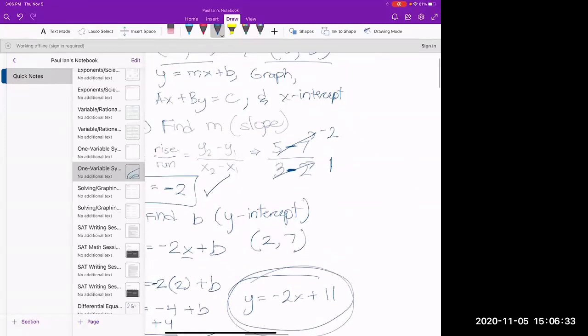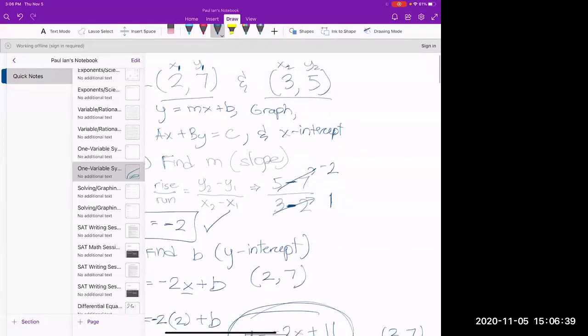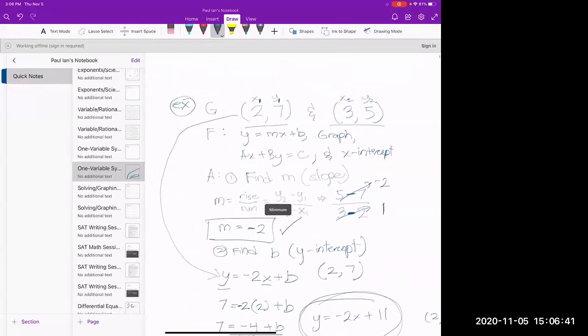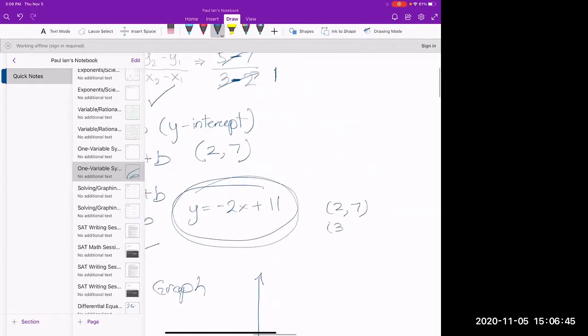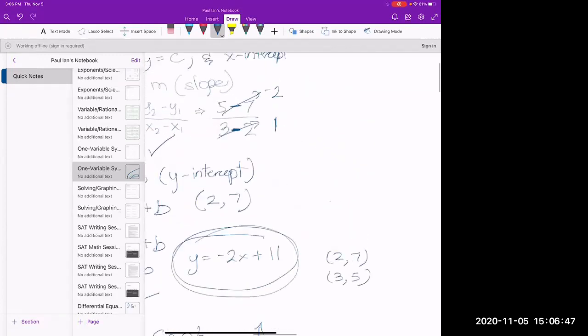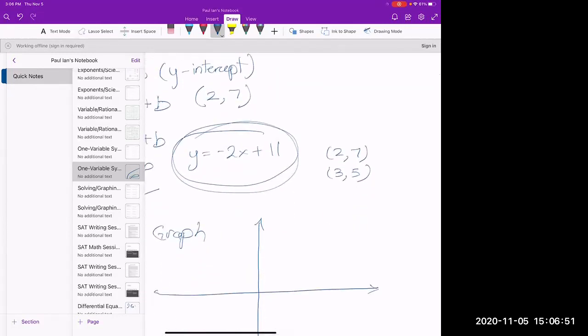2, 7. Okay, and then the second one? 3, 5. And then what's the third one? What's the third point? 11. But what's the x though? No, like this is the y-intercept, right?